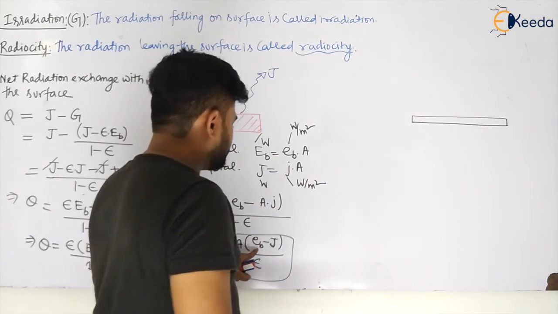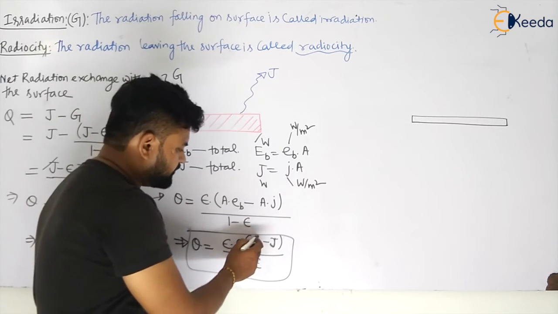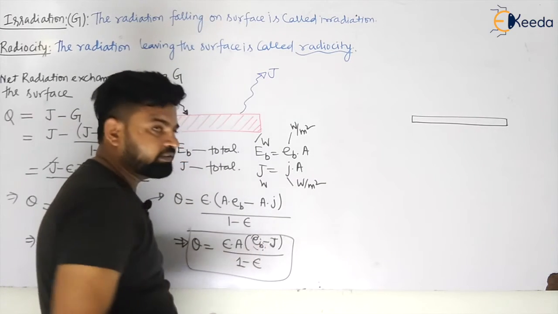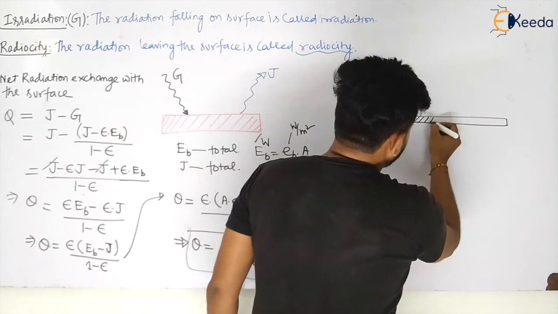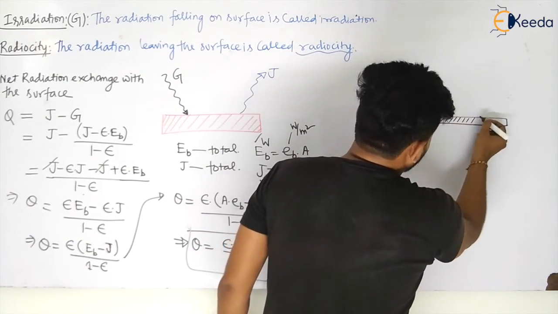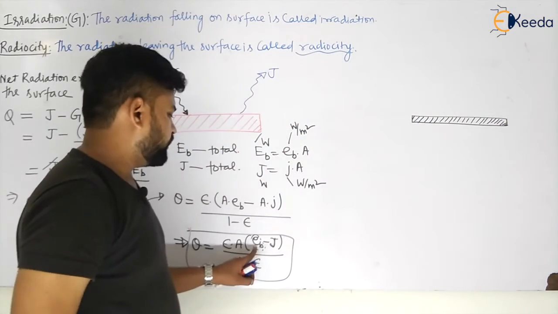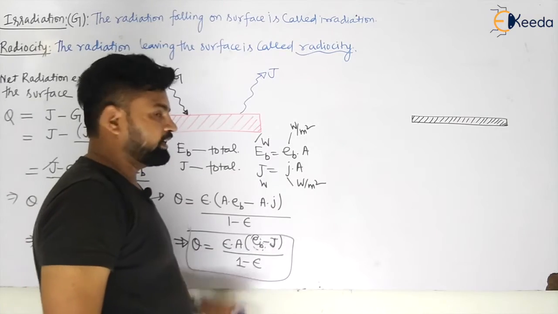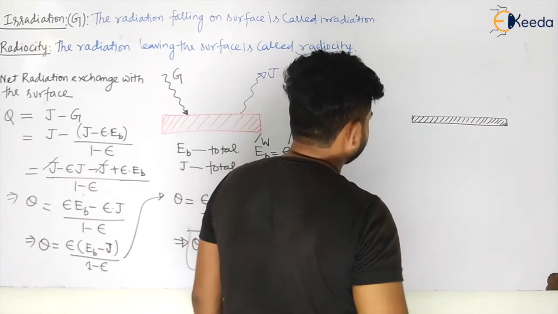And this is emitting some radiation and it is also leaving some radiation. This EB is nothing but what? Emission of the black body. If I will assume that that surface is made up of the black body, or it is a black body, that it will emit all the radiation. Okay. So EB minus J, I will take like a potential difference, it seems to be. Potential difference it seems to be.